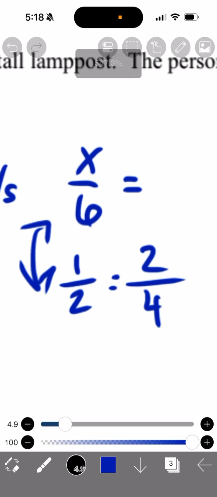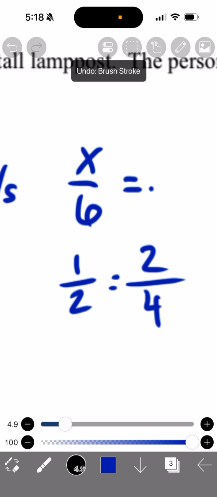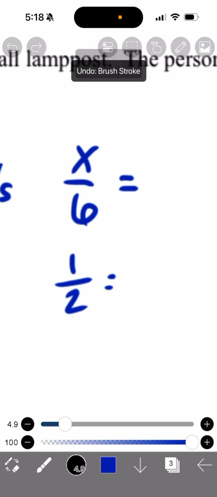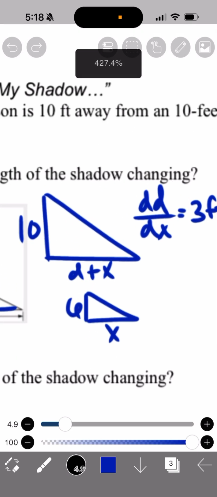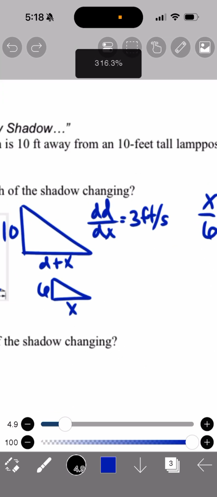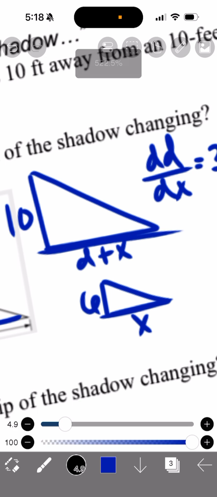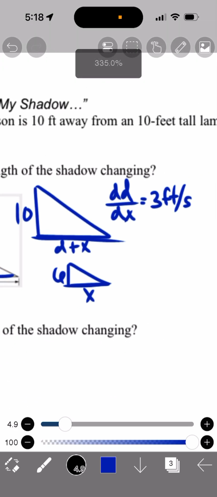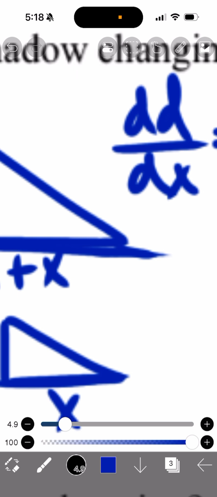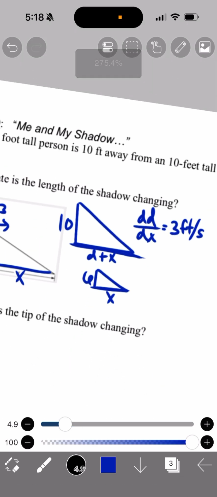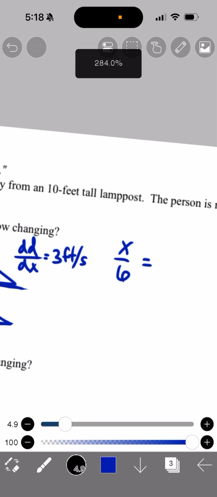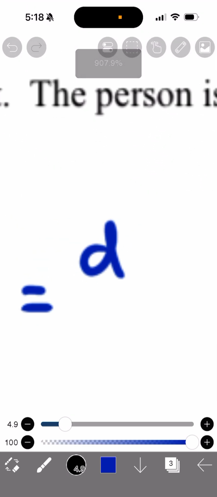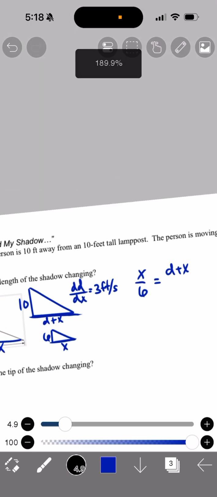They're proportional because they are written in fraction form, which means if you reduced both of these, they'd be equal. So x over 6, I'm putting this on the top and this on the top, but it doesn't actually matter which way you put it, because there are a lot of different ways to do it correctly. And then D plus x over 10.